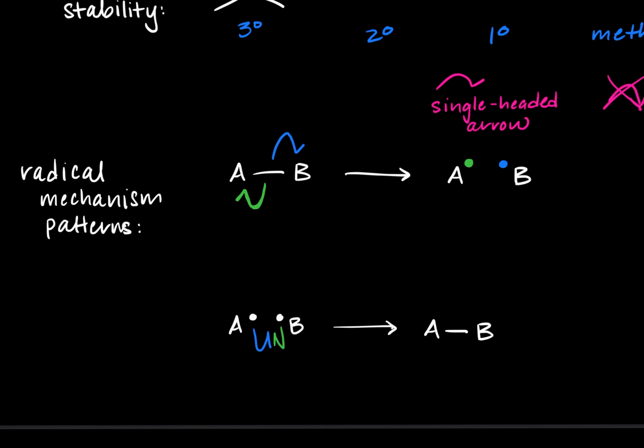Lastly, we can have not just the breaking of bonds or the forming of bonds, but we can have the case where we have some radical, and that radical reacts with a non-radical. So this is a radical, it has the dot.